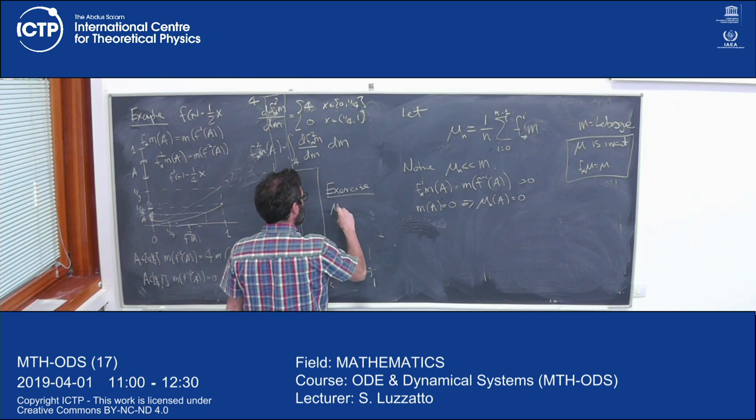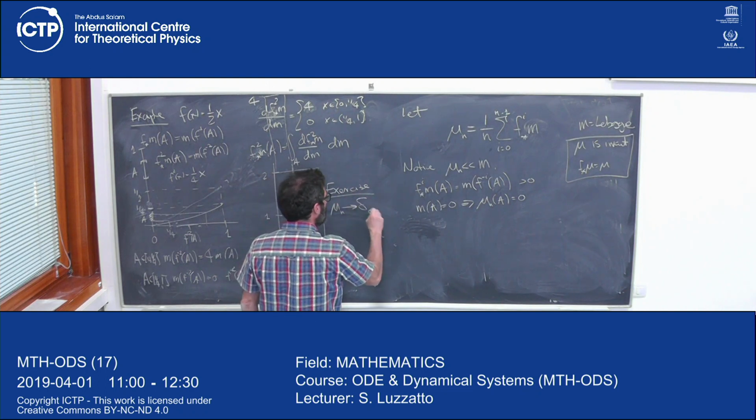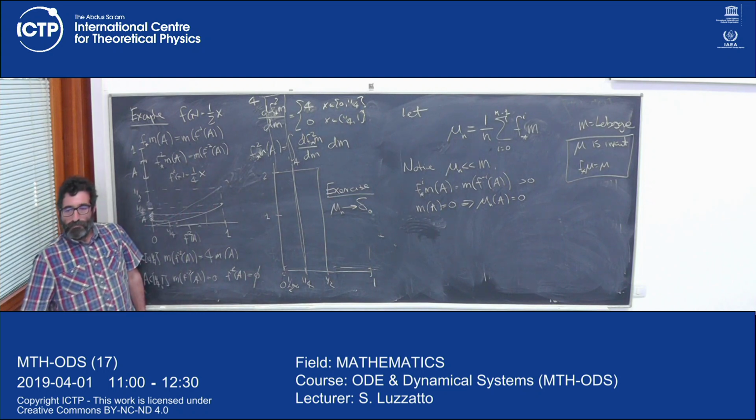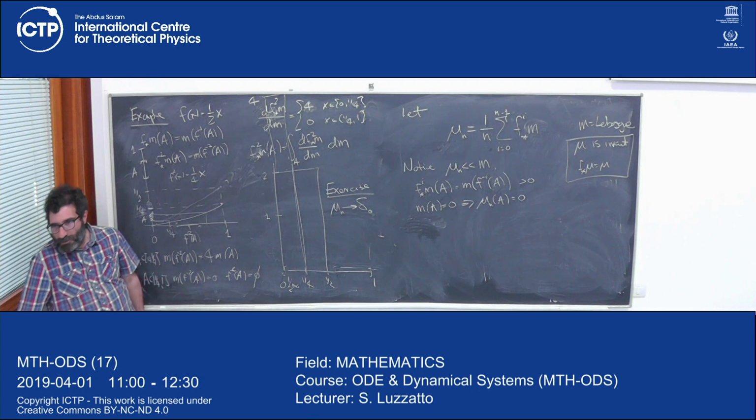In this case, we have that mu n is converging to the Dirac delta in 0, which is not absolutely continuous with respect to the Lebesgue measure. But it is invariant.